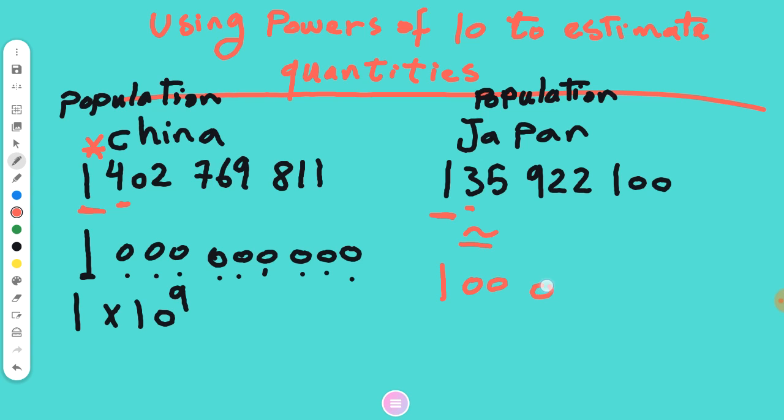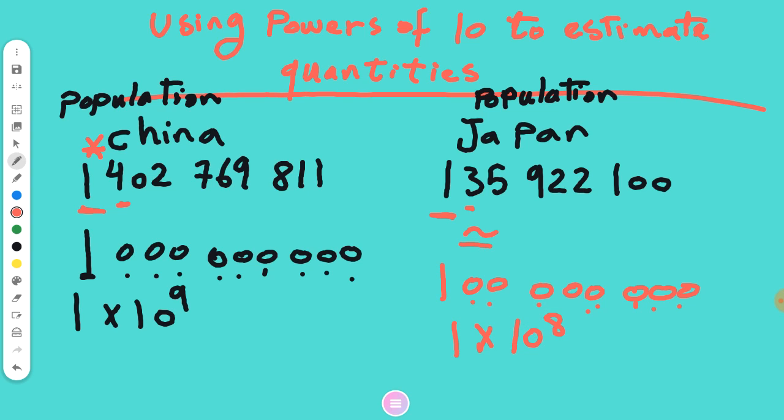Okay, how many zeros here? 1, 2, 3, 4, 5, 6, 7, 8. It's 8, so I can write it as 1 times 10 to the power 8.